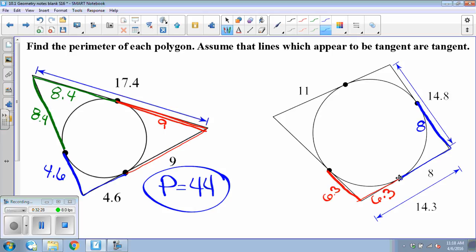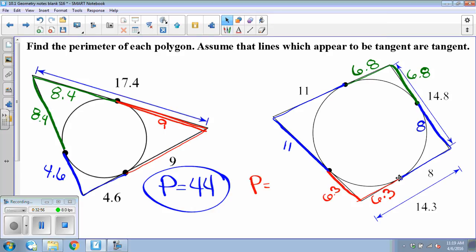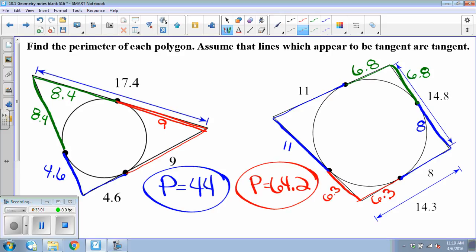So this whole thing's 14.8 and this is 8. What's that? 6.8. So if this is 6.8, what's this? 6.8. Oh, I forgot. If this is 11, that's 11. Okay? So now when you add them all up, you get P equals 64.2.